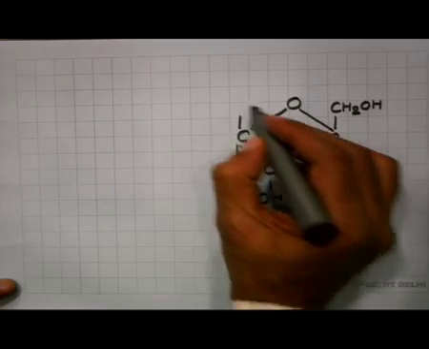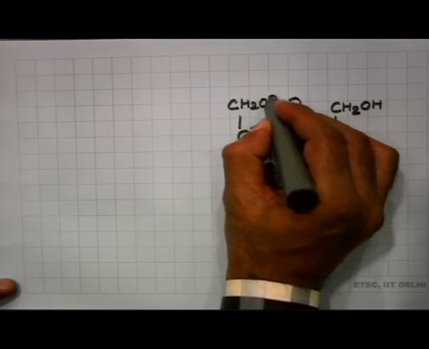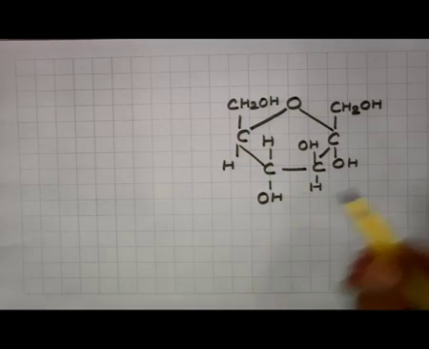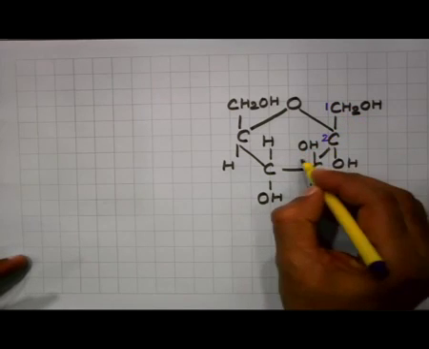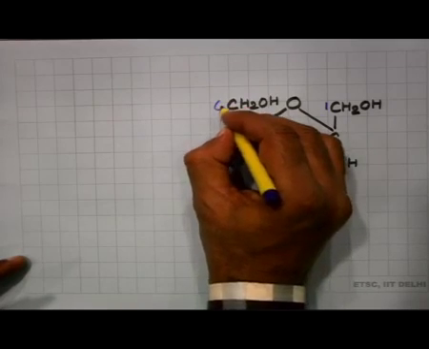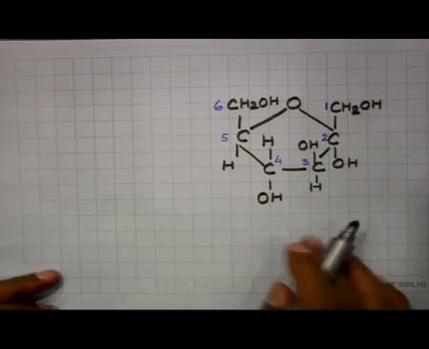At the fifth carbon there is CH2OH and H. So, we can number this carbon, this is 1, 2, 3, 4, 5 and 6. So, this is the ring form of fructose.